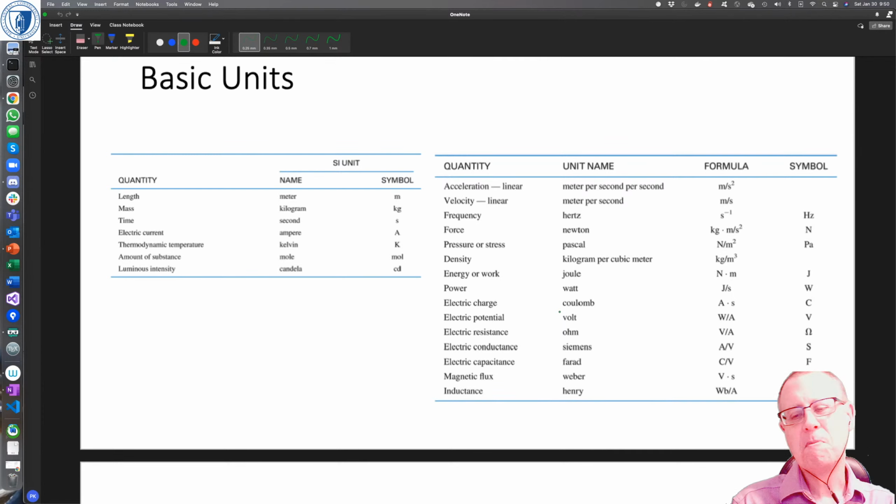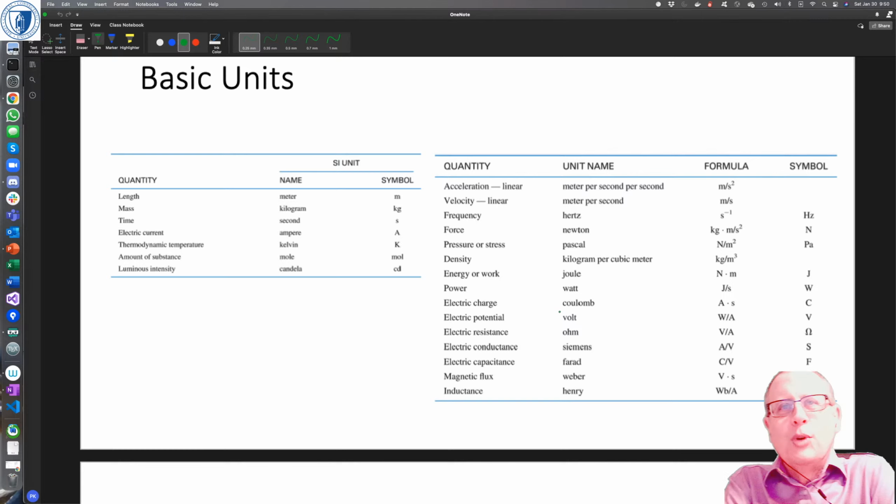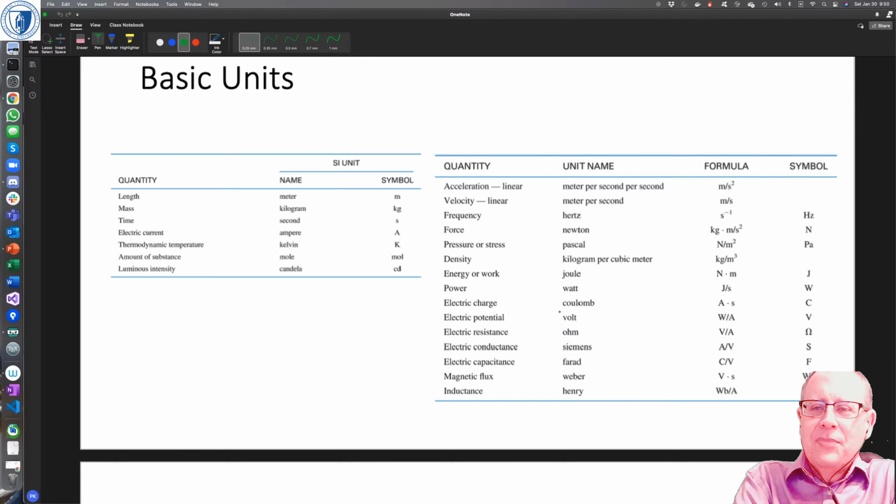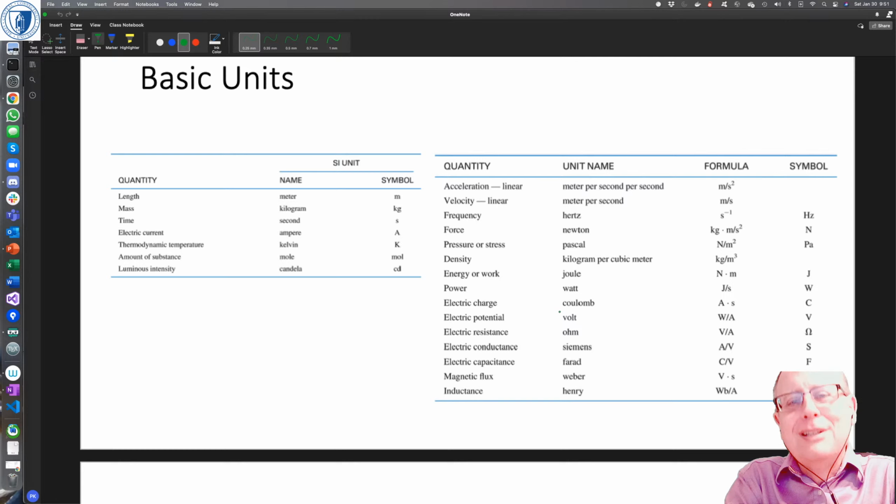I'm not going to be using speed in furlongs per fortnight, or, I don't know, torque in foot-pounds or anything like that. I'm going to be using the metric system. So if you're unfamiliar with that, please get familiar with that.